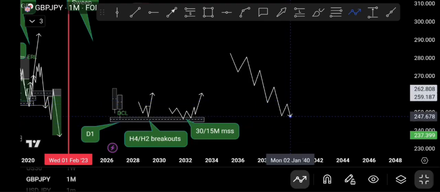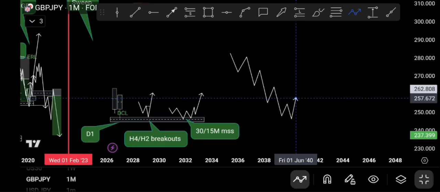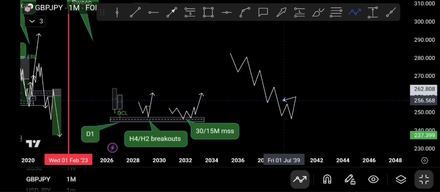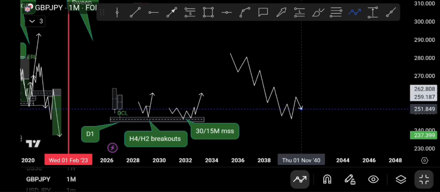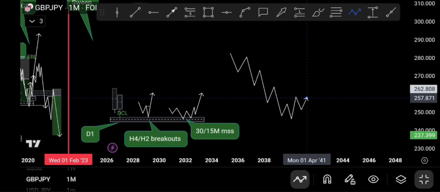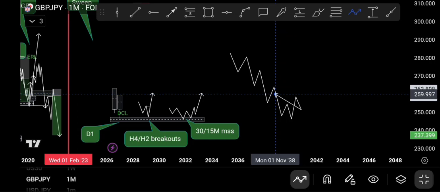Price now gives us a 4-hour time frame breakout. Price can give you a 4-hour time frame breakout, but if you don't have your market structure shift, you only have your 4-hour breakout, and price can do what? React, when in a bearish market.